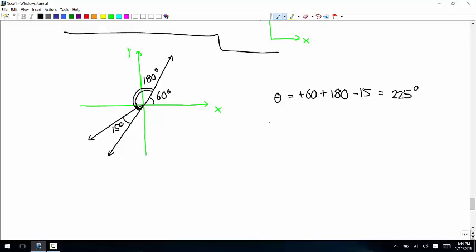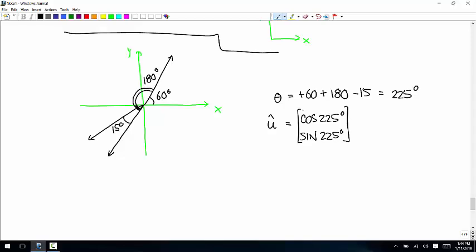And so this unit vector is cosine and sine of 225. Which is, I think that's 45 degrees from, that's like 45 degrees from either of these two.